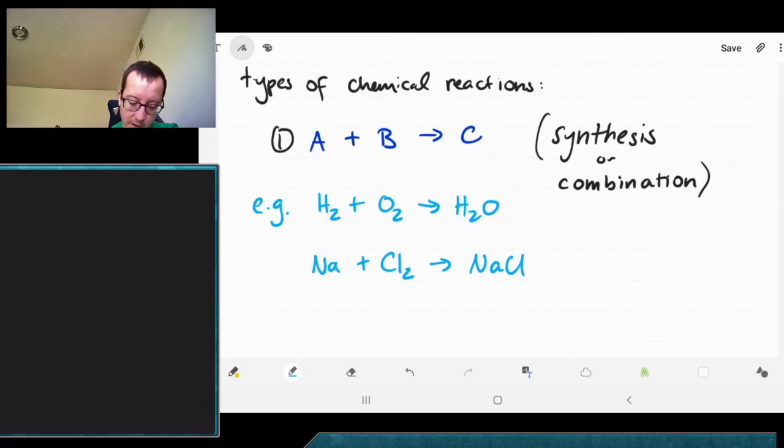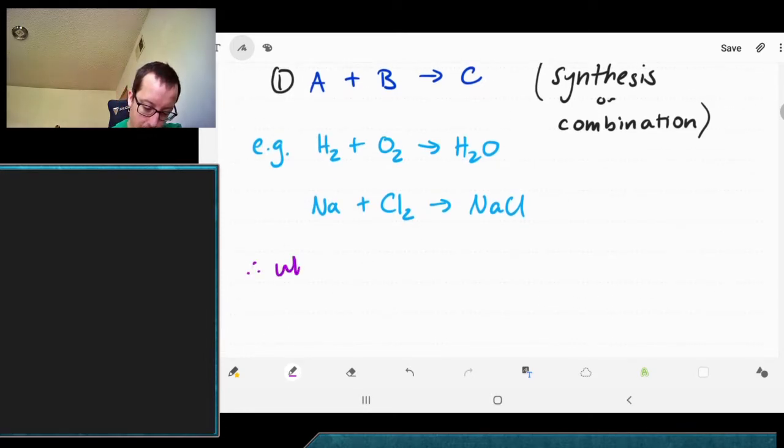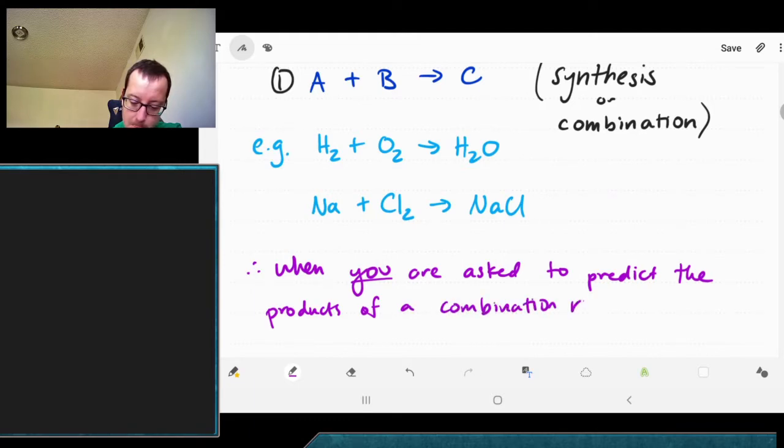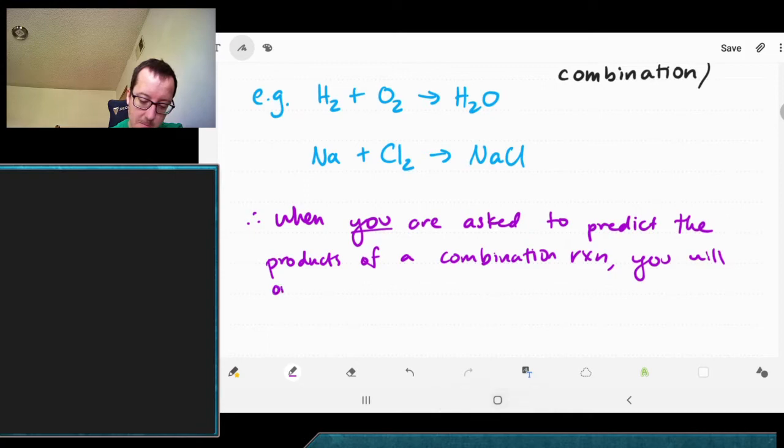When you are asked to predict the products of a combination, you will only be given ionic compounds.